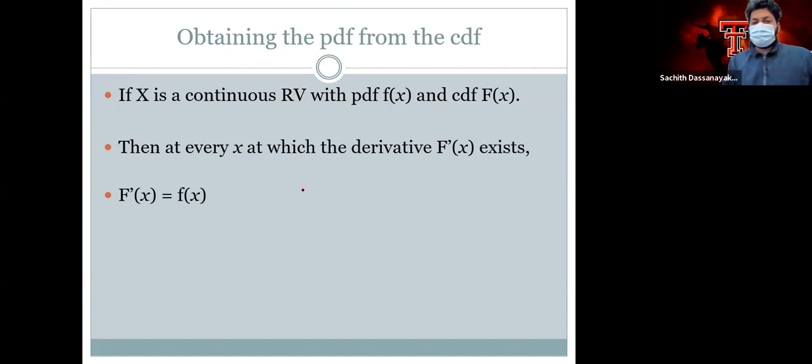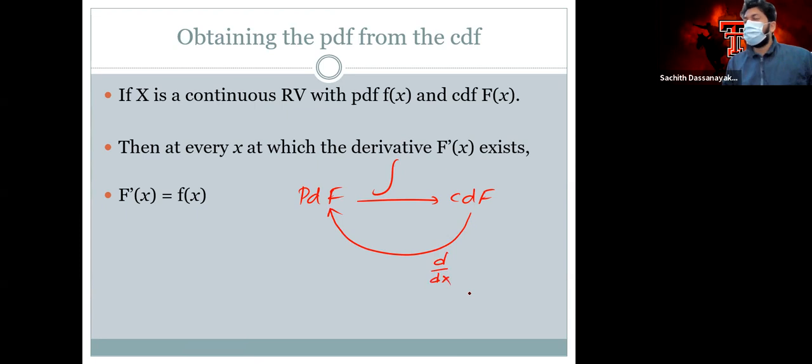So from PDF to CDF, you integrate it, you get the sum. So if you need to go back from CDF to PDF, what do you have to do? Get the derivative. Integrate, then derivative. Okay, like this. So that's what they have mentioned.